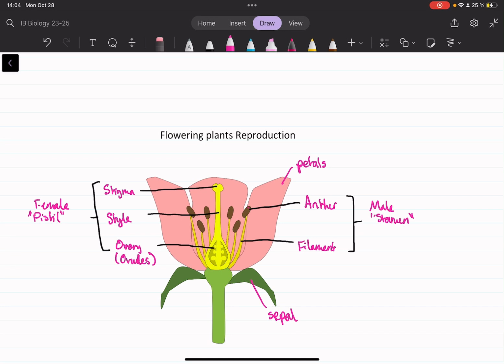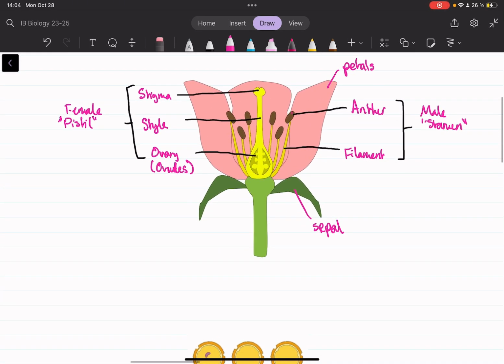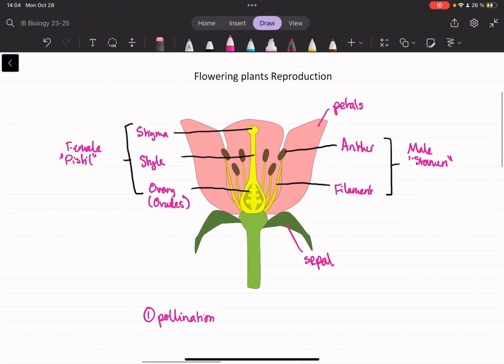Now, what are the steps of reproduction, essentially? For plants, we don't have to go into a lot more detail in the same way that the human reproduction does. But yeah, so first we have pollination, which is, there's two different types.